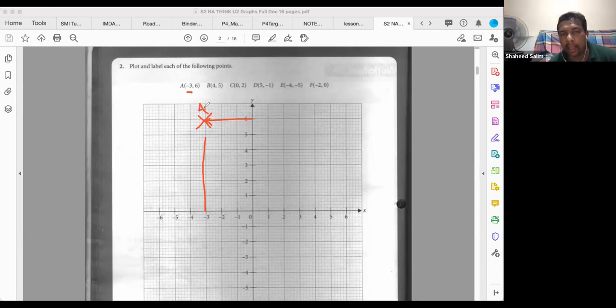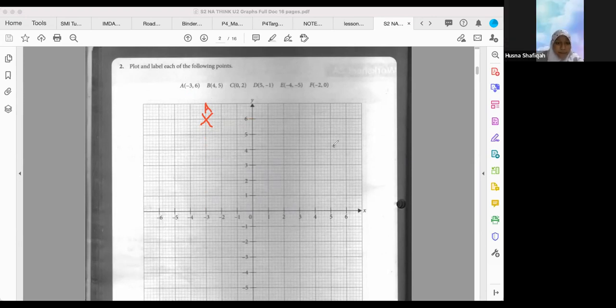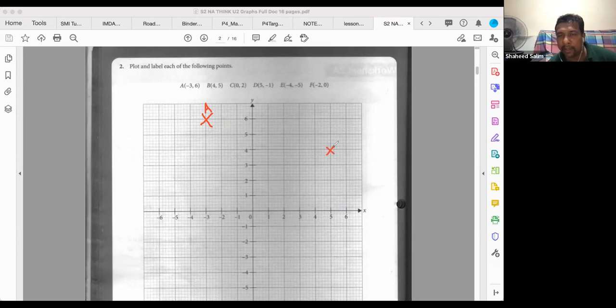Okay, there are going to be 3 mistakes. You tell me which one is right and which one is wrong. I will label it, and you see whether it's right or wrong. Don't tell if it's right. This is A. B. I'm going to write B. Only tell me the wrong one, okay?